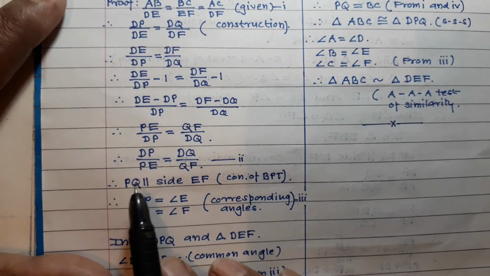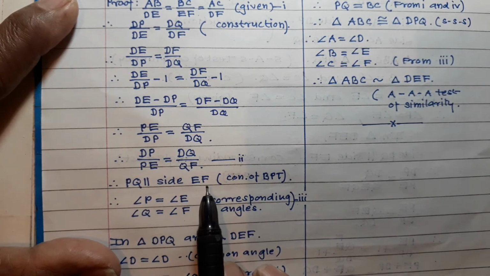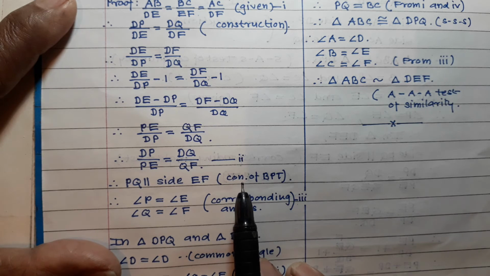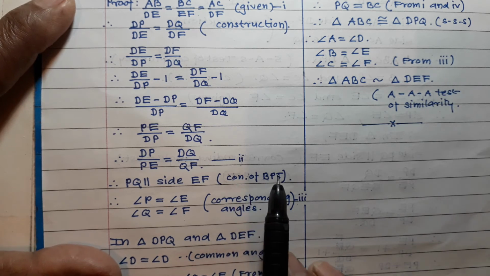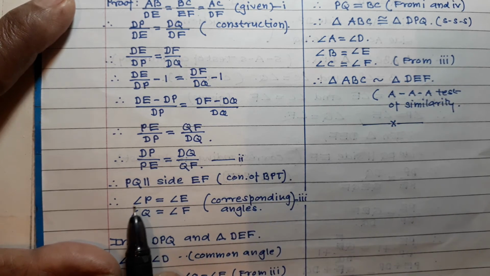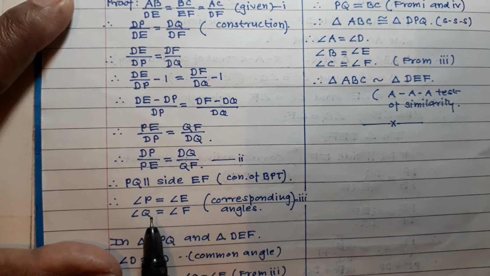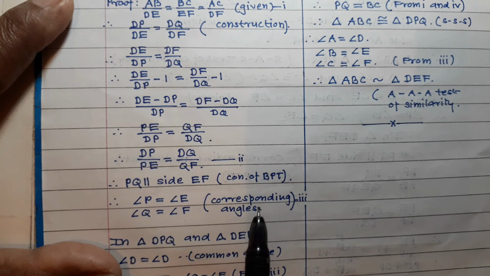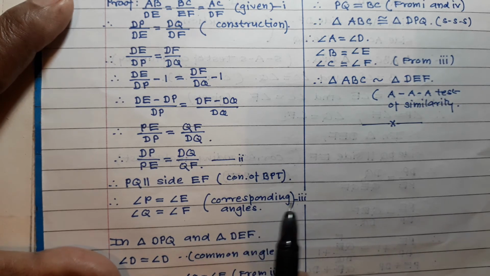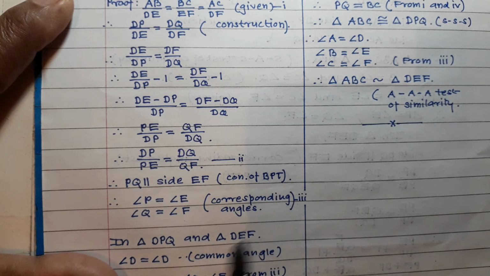And therefore PQ is parallel to side EF, by the converse of BPT, and therefore angle P is equal to angle E and angle Q is equal to angle F, corresponding angles. So this is equation number 3.